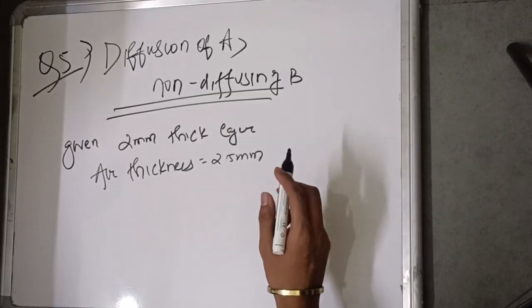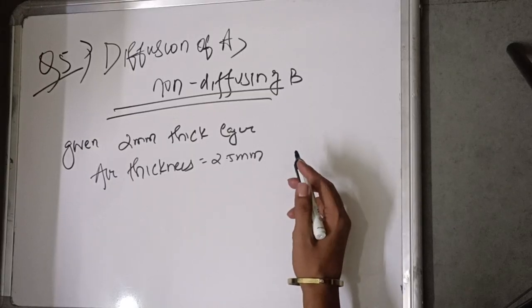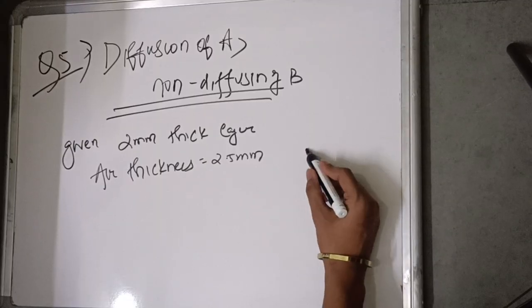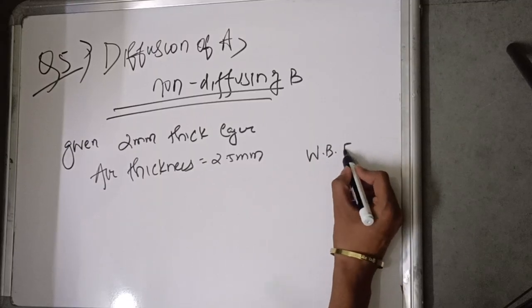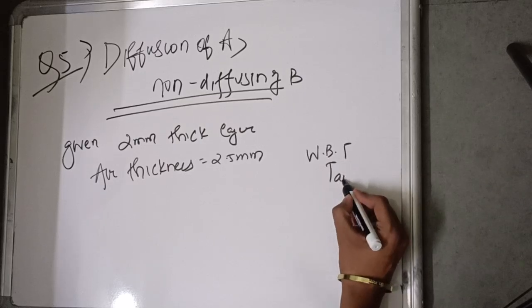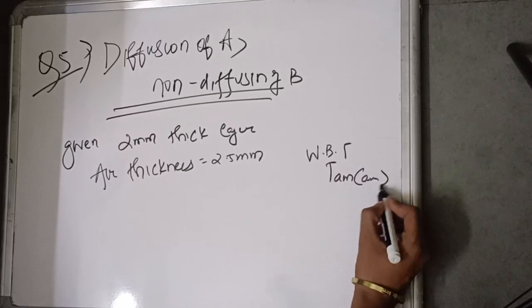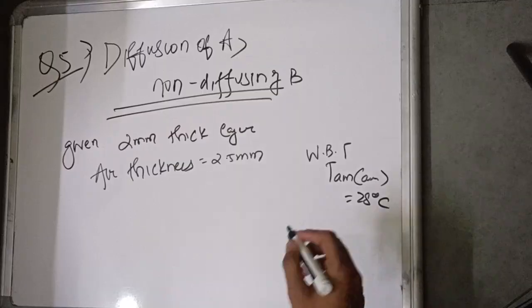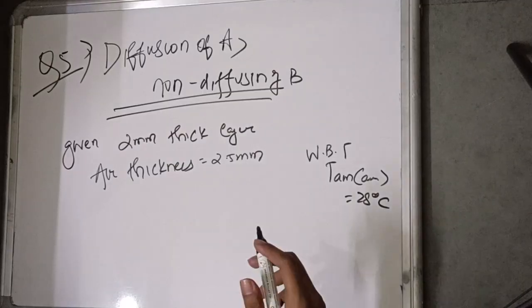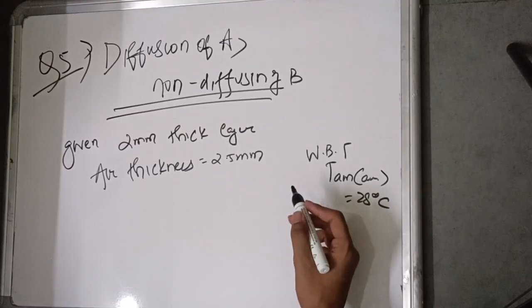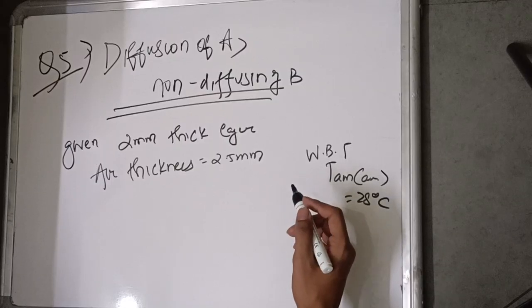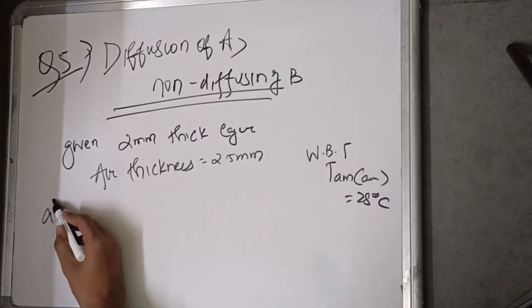Under these conditions of evaporation, the water temperature is equal to its wet bulb temperature. If the ambient air temperature is given as 28 degrees Celsius, we calculate the time required for the water layer to disappear completely for the following cases. We have got the two cases.